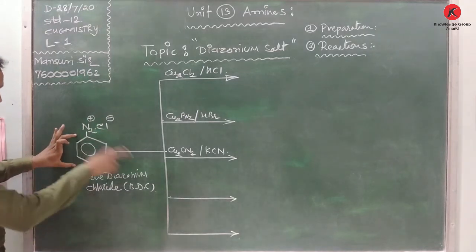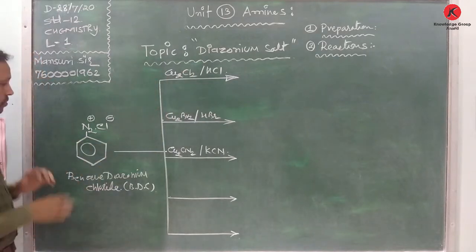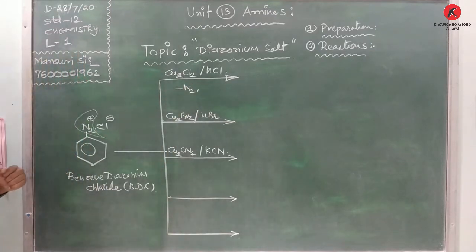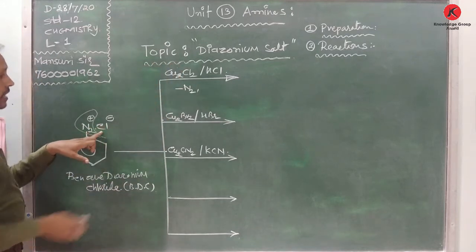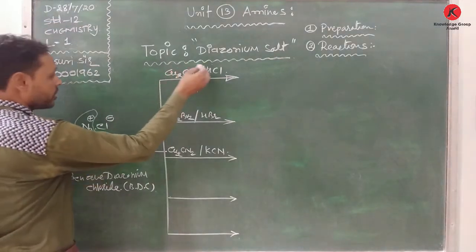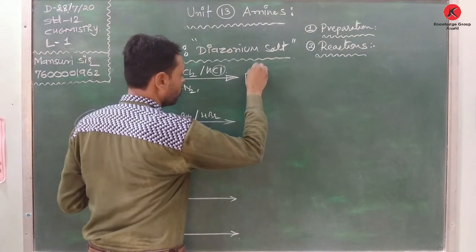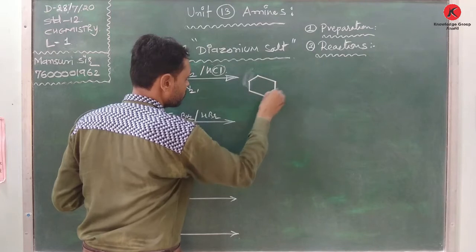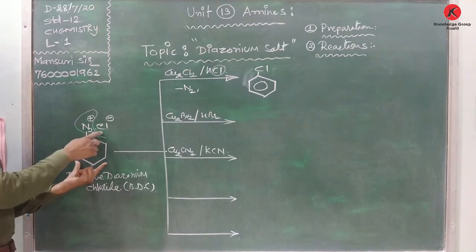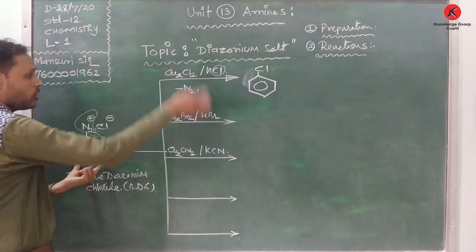First of all, when benzene diazonium chloride reacts with the mixture of cuprous chloride and HCl, N2 gas will be removed first. Thereafter, HCl will be removed. That is why the chlorine will attack toward this benzene ring, and chlorobenzene will be formed.